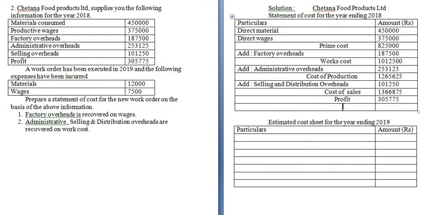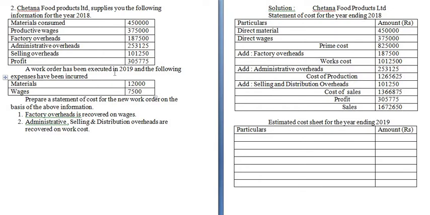Now you can find out the sales. Sales is cost of sales plus profit, that is 16,72,650. This is sales. Now this is the statement of cost for the year 2018.